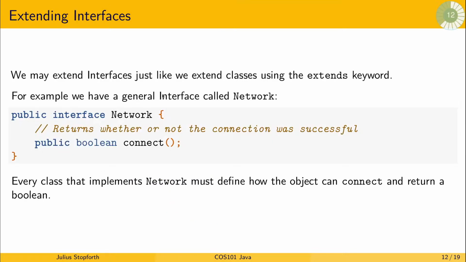Previously someone was talking about the difference between extending a class and extending an interface. You can extend interfaces. So an interface can be extended into another interface. A class can be extended into another class. An interface can't be extended into a class, and a class cannot be extended into an interface.